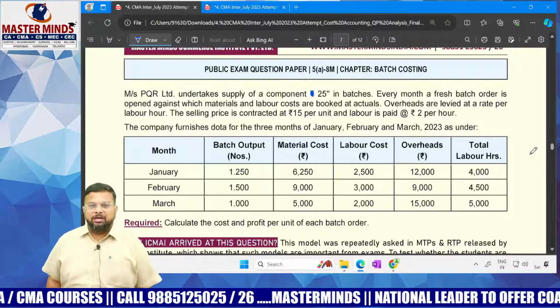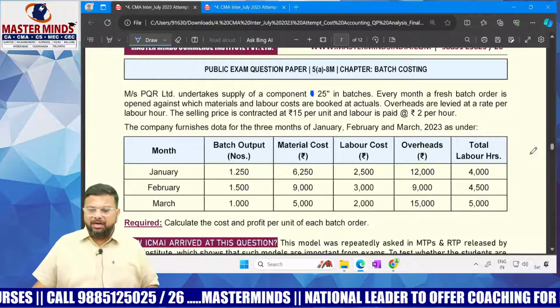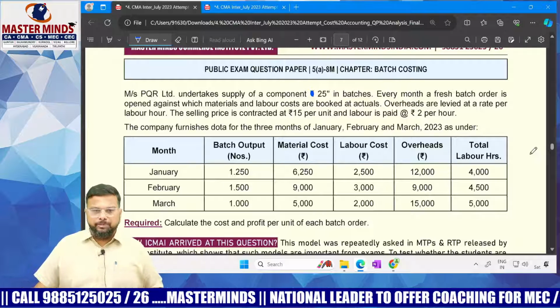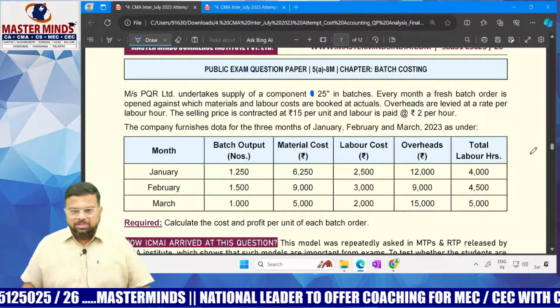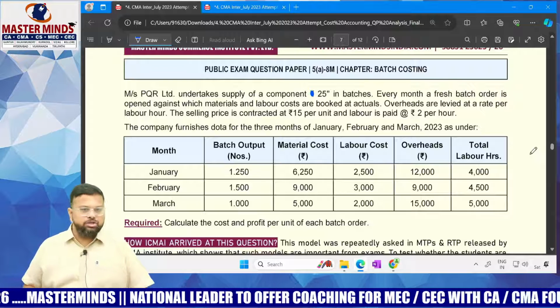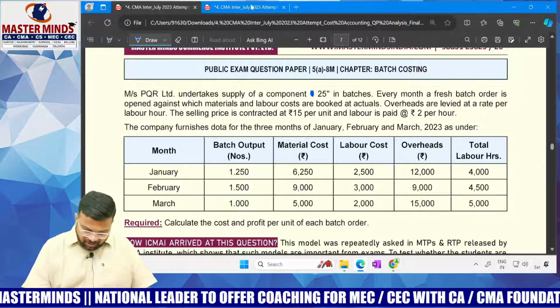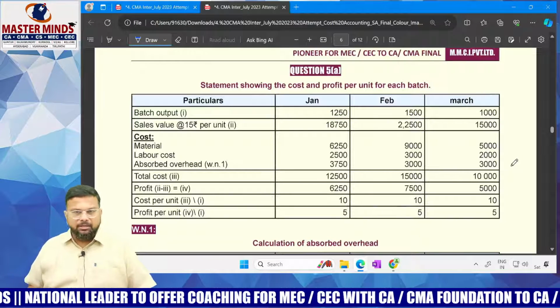Overheads are levied at the rate per labor hour. The selling price is contracted at 15 rupees per unit and labor is paid at the rate of 2 rupees per unit. So month is given, batch output is given, material cost is given, labor cost is given, overheads are given, and total labor hours are given. Calculate cost and profit per unit of each batch order. This is the way you need to calculate.